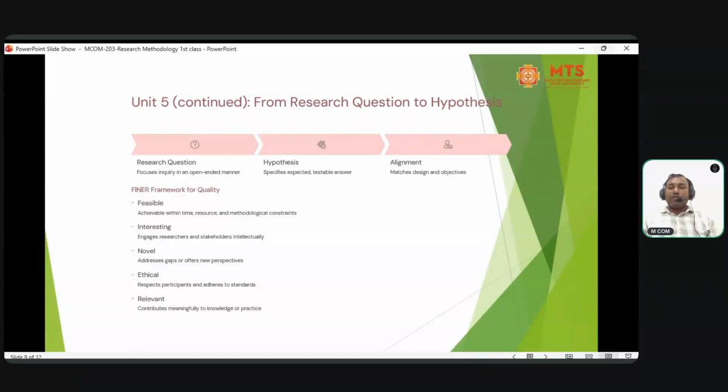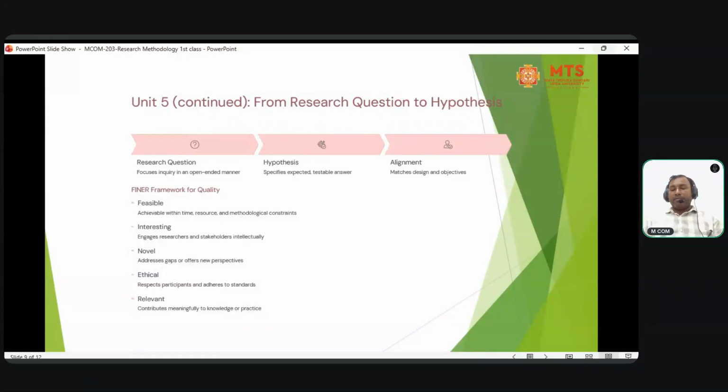So, steps of formulating hypothesis: identify the research problem, review existing research literature, determine variables involved, develop a logical relationship between variables, and state the hypothesis in clear and testable form.